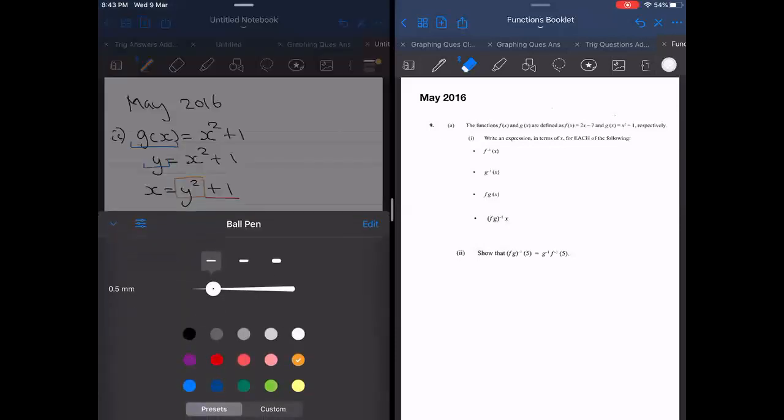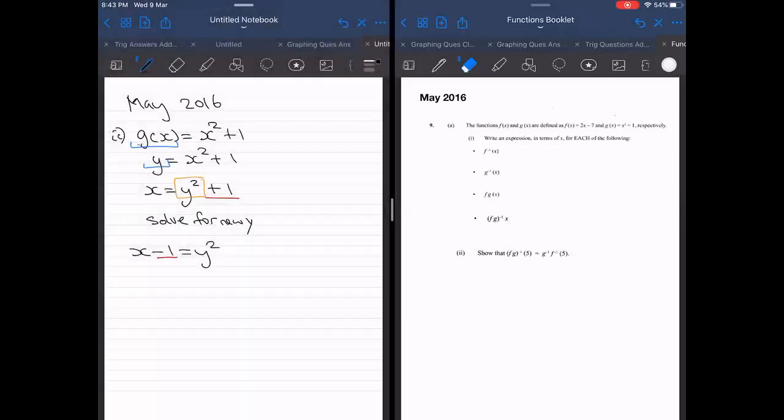The reason I wanted to do this question is, to get rid of the square, you know we've been talking about opposites. The opposite of plus is minus, the opposite of minus is plus, the opposite of multiplication is division, the opposite of division is multiplication, and the opposite of the square is the square root.